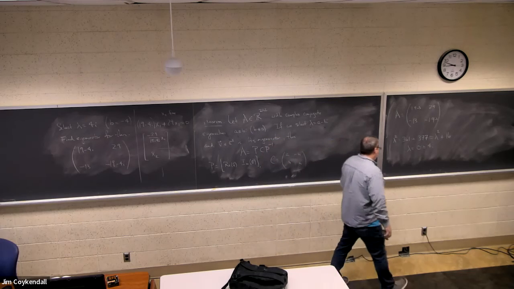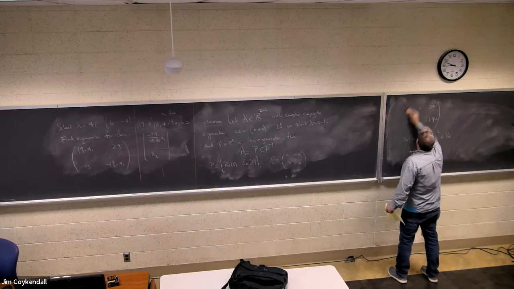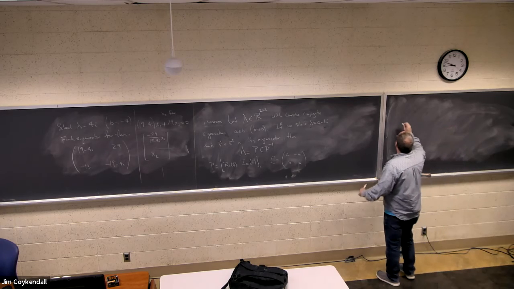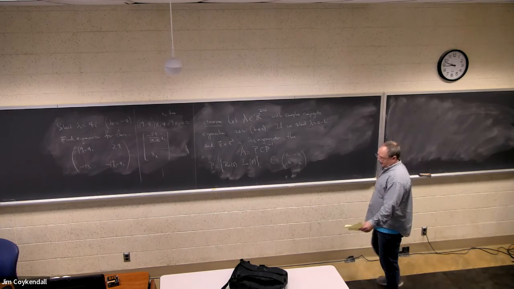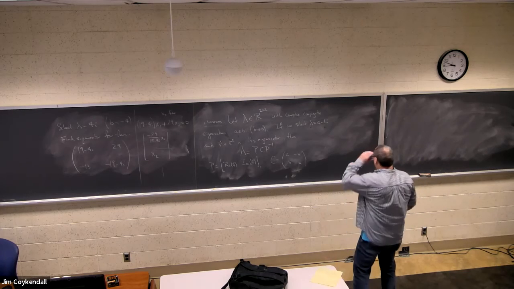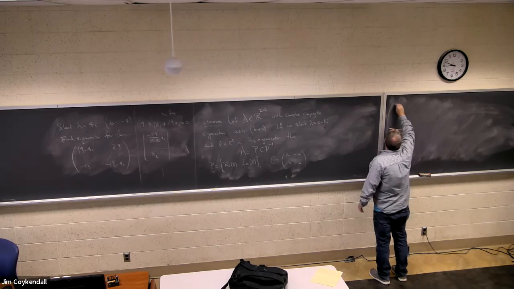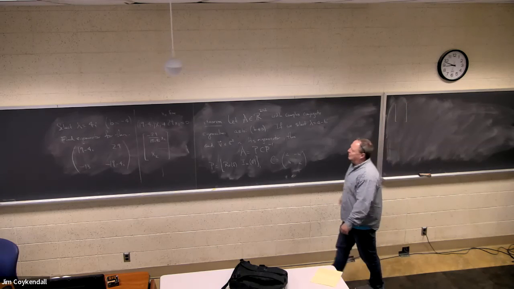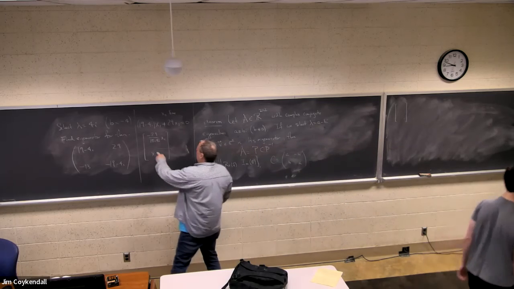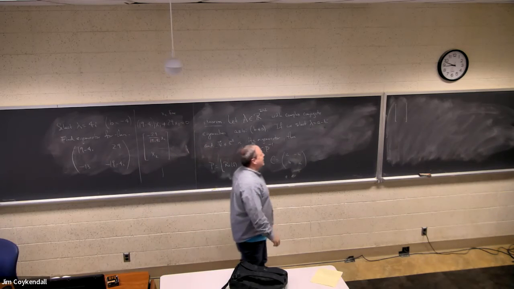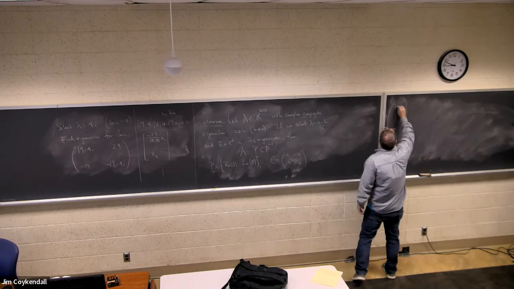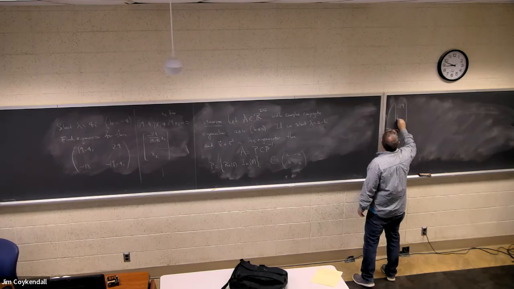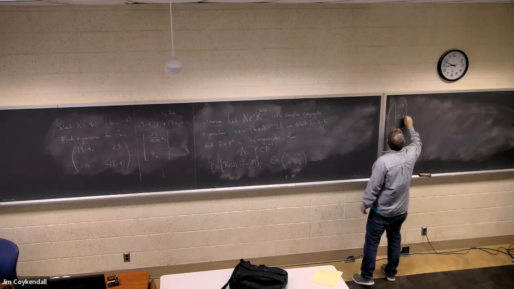So I get the following eigenvector. I'm going to simplify this again so I don't have to write these crazy fractions. I get minus 29, and then I get 19 minus 4i.